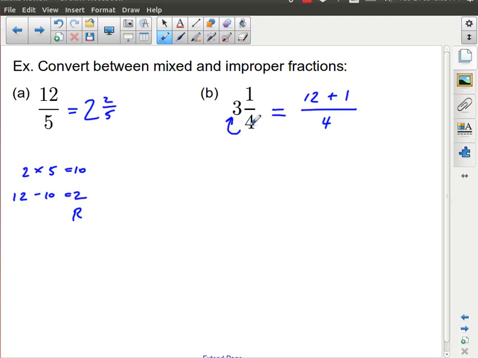So the 3 times 4, that's where this part came from. And then the plus 1 was already present. So that 1, that's where that 1 came from. And we put all of those together, and we end up, of course, with the exact same answer we had before, which is 13 quarters.